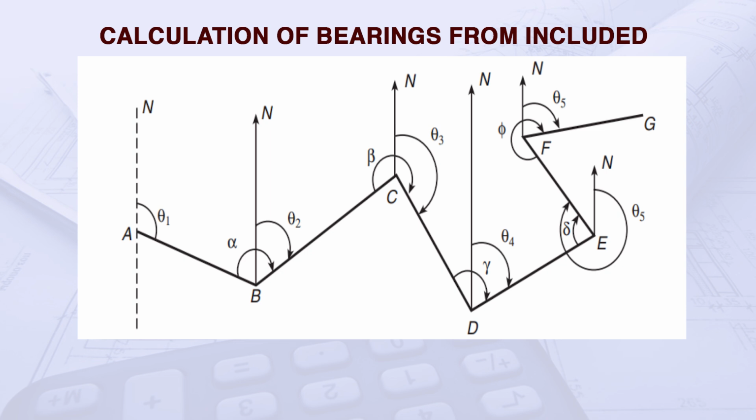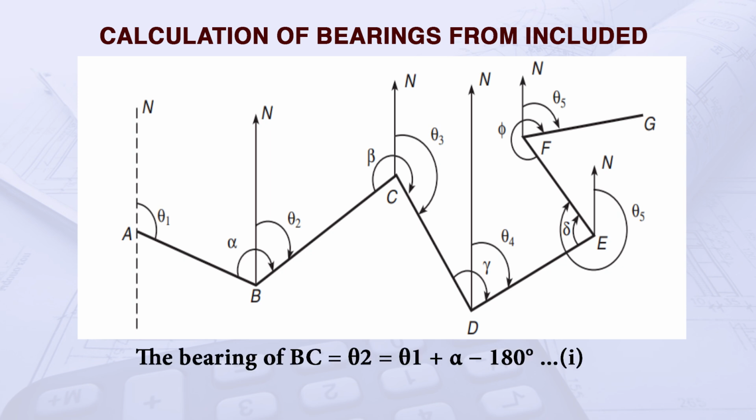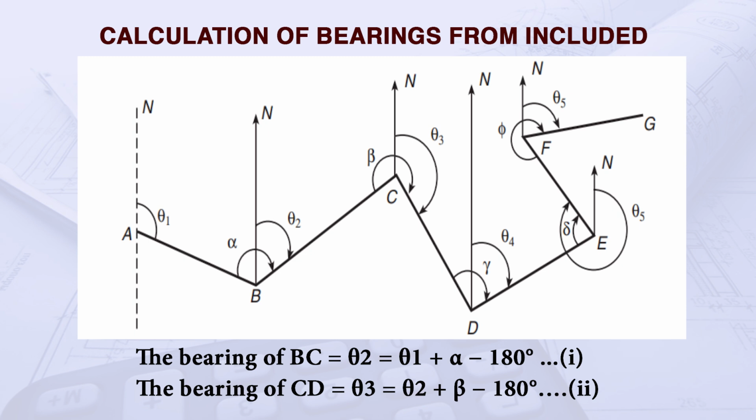It is easy. The bearing of BC, theta 2, can easily be calculated as theta 2 is equal to theta 1 plus alpha minus 180 degree. You can easily go with the geometry and calculate it. Similarly, the bearing of CD can be calculated as theta 3 is equal to theta 2 plus beta minus 180 degree.